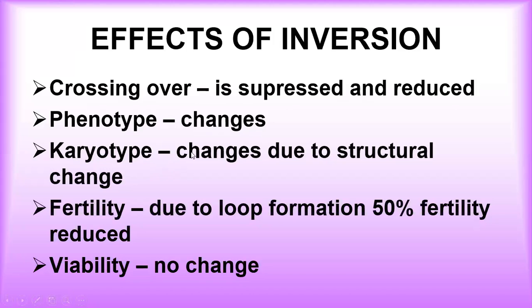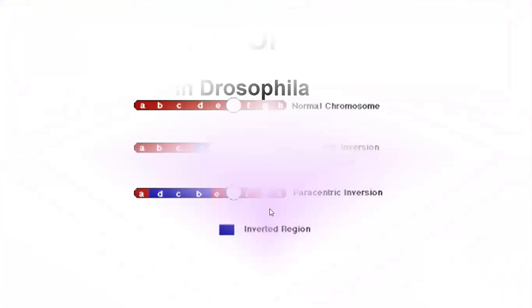Karyotype also changes due to structural change. Fertility is reduced due to loop formation.